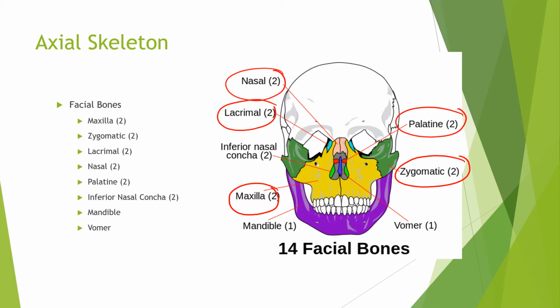We have two tiny little bones that are visible through the nasal cavity, known as the inferior nasal concha. They're little ridges located inferior in the nasal cavity. We also have the largest bone of the face, known as the mandible, or the lower jaw, and we have the vomer. It forms the floor of the nasal cavity.